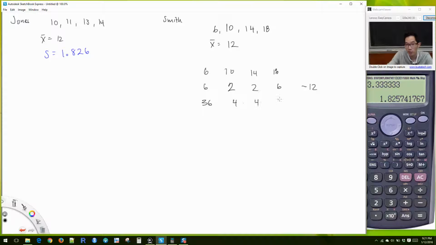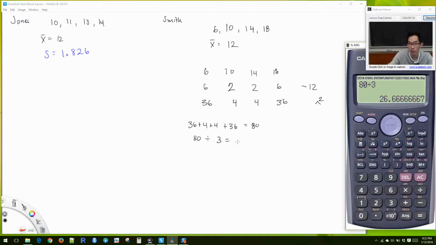I'm squaring these, right? Oops, this isn't 4, this is 36. And then we add them up: 36 plus 4 plus 4 plus 36 gives me 80. And then I do 80 divided by 3.